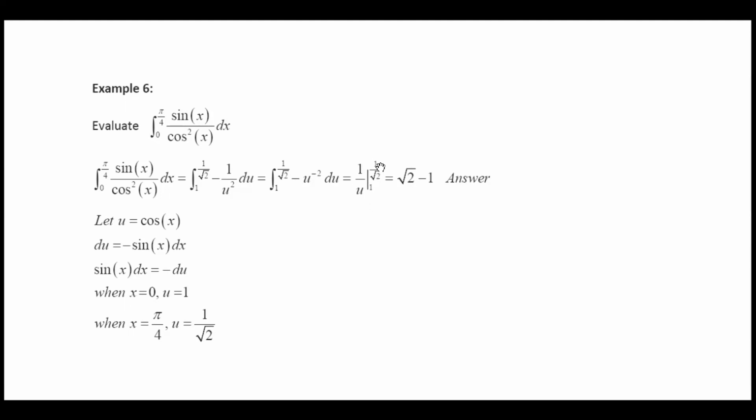And then we're going to put in 1 over the square root of 2 for u, so that's 1 over 1 over the square root of 2, which is the square root of 2. And then 1 over 1, which is 1. And that's why we've written this as 1 over the square root of 2 rather than square root of 2 over 2. It gives us a nice answer without doing a little more arithmetic.